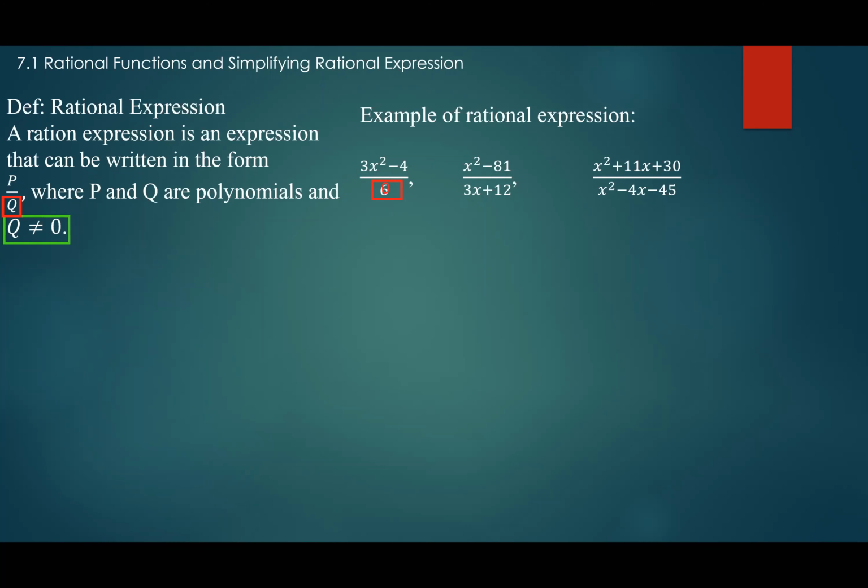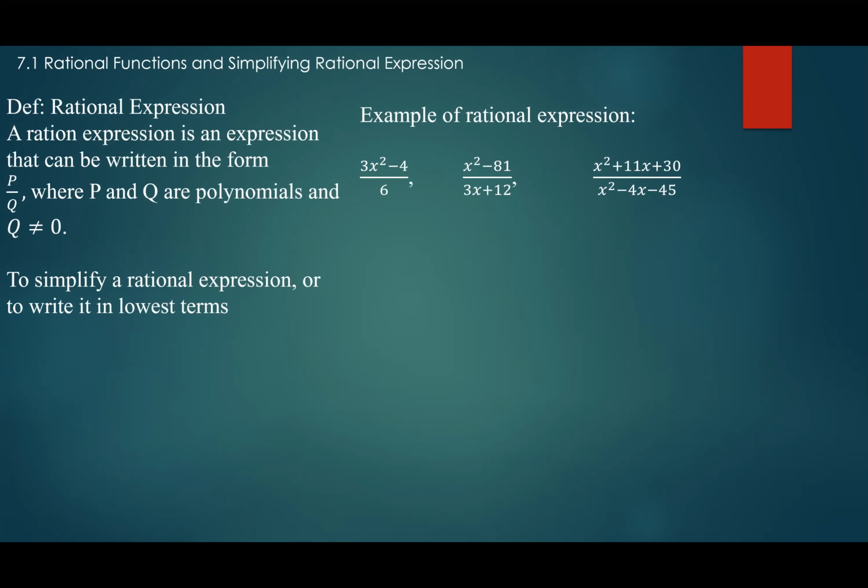So the denominator cannot be equal to 0, because if it's equal to 0, the whole item will be undefined. In our case, whatever Q is, as you can see, 6, 3x plus 12, x squared minus 4x minus 45, as long as those items are not equal to 0, we are good to go.